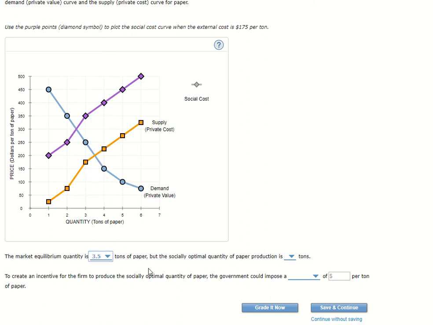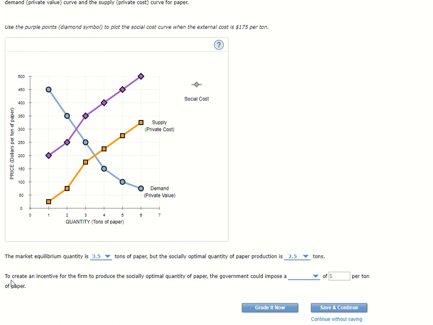But for a socially desired output, once you factor in all the additional costs that this paper supply has incurred in the economy, then maybe we shouldn't produce that much paper anymore. As a society, your socially desired output is between your social supply curve, the purple line, and your demand curve for the market, the blue line. So our socially optimum quantity should be right here in the intersection, so that should be 2.5 tons.